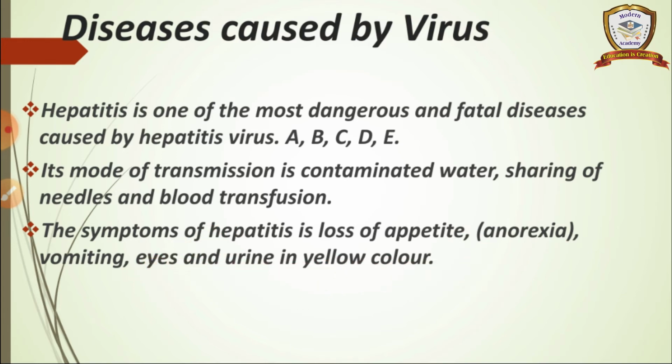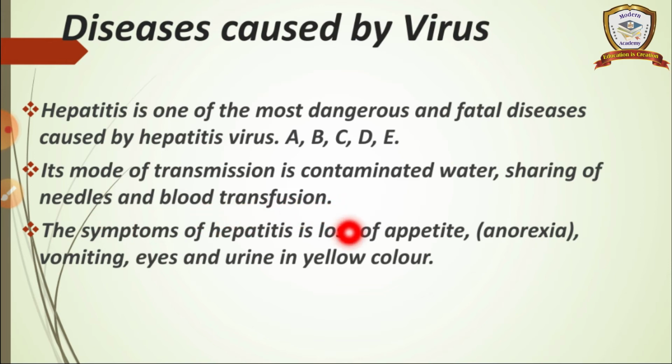Okay, so hepatitis is a disease caused by virus. It is also a communicable disease that spreads from one person to another person, because of the hepatitis virus. And how is it transferred? By contaminated water. Contaminated means dirty water, and sharing needles and blood transfusion of the affected persons.